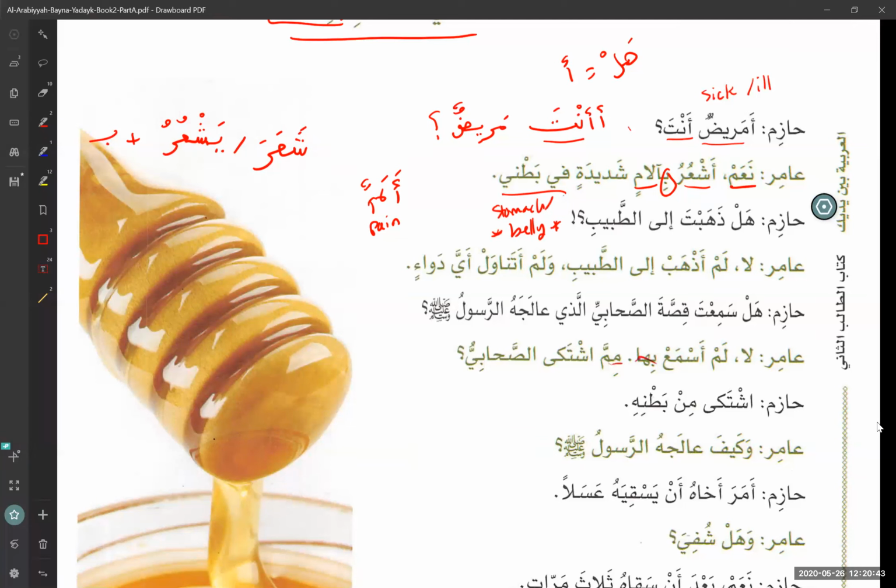Then Hazim asked, Hal. See, this word hal and hamza, these are exactly the same word, right? It makes a sentence into a question. So we have dhahabta, did you go? Dhahabta means what? Did you go? So what is the verb?